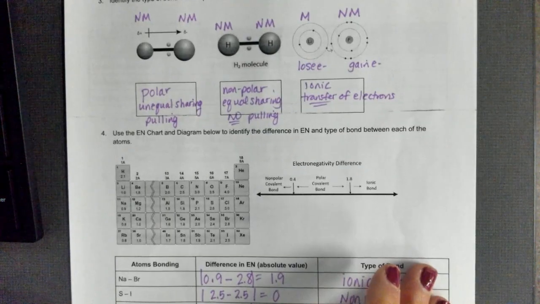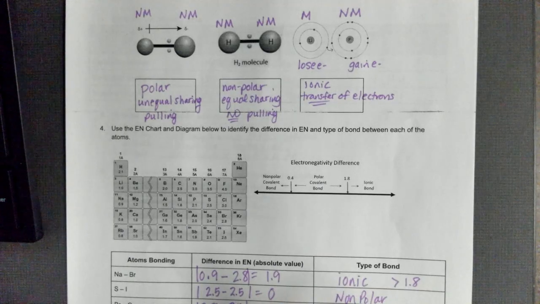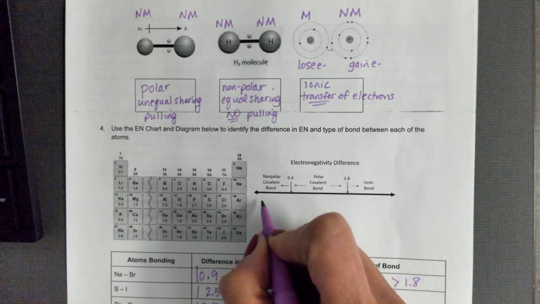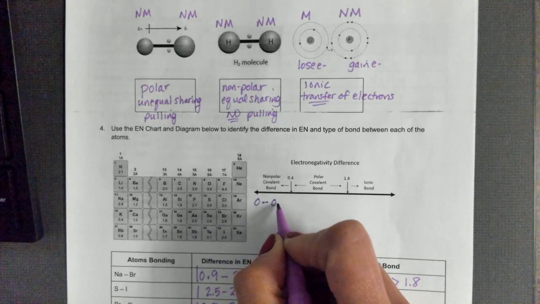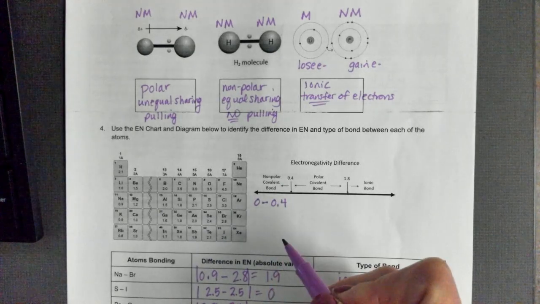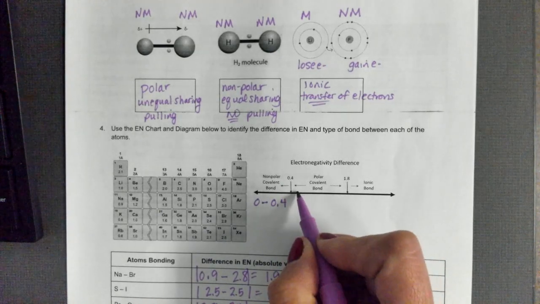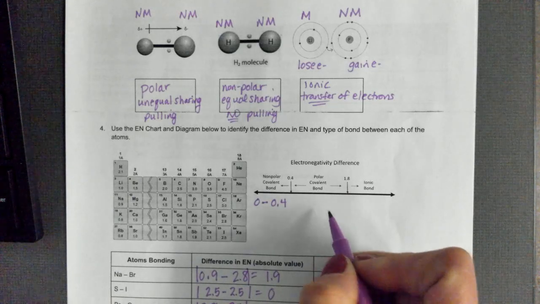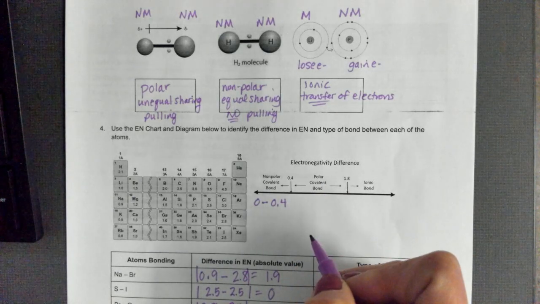Now, we use a chart to figure out what type of bond is going to happen. So our difference chart over here shows that if it's between 0 and 0.4, it's going to be nonpolar. If it's greater than 0.4 and less than 1.8, it's going to be polar covalent.